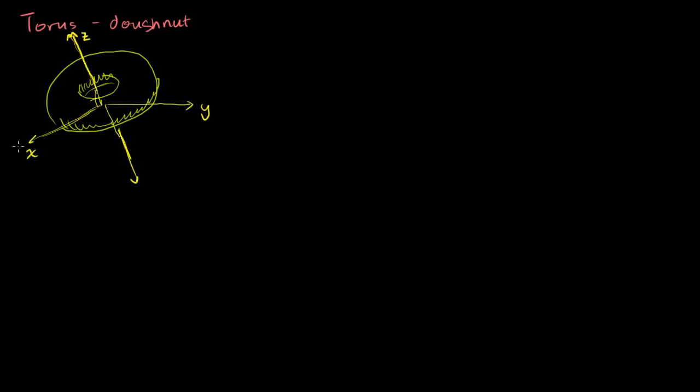The whole reason why I drew it this way is that if you imagine the cross-section of this donut in the x-z plane, it's going to look something like this. If I were to just slice it in the x-z plane, it would look something like that. We're thinking about not a full donut, just the surface of a donut, so it would trace out a circle like this.